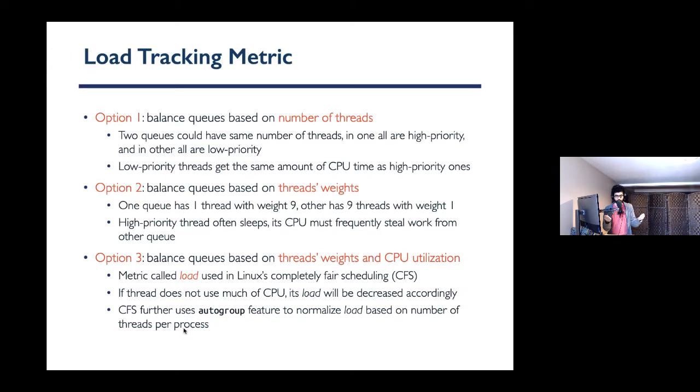Now, if one process creates thousands of threads, then you divide the weight between all the threads. The sum of the weights of all the threads should become the weight of the process. So you're fair between processes, not between threads. Otherwise, everybody would have an incentive to create thousands and thousands of threads to take more CPU, if we were to do it on a thread basis rather than a process basis.